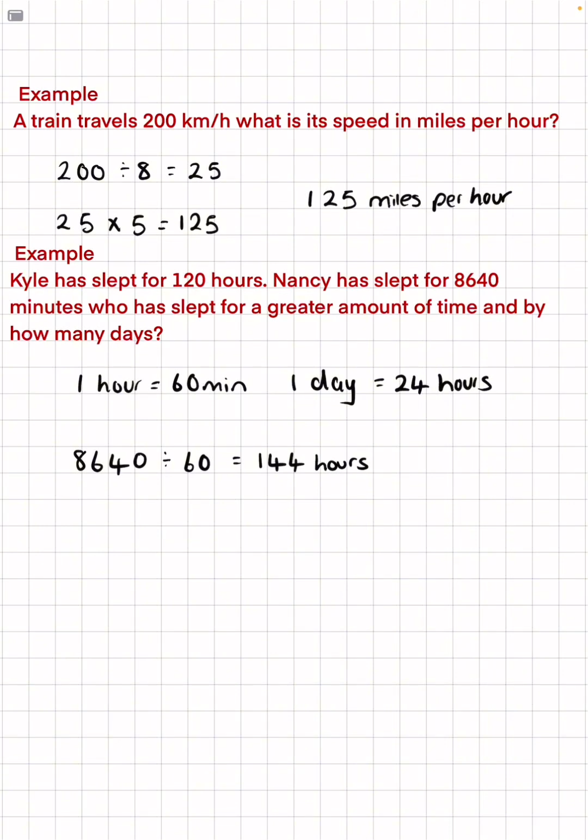To work that out, we can do 144 minus 120, which equals 24 hours. We know that 1 day equals 24 hours, so the answer is Nancy slept longer by 1 day.